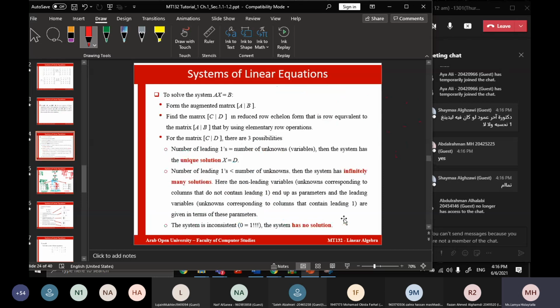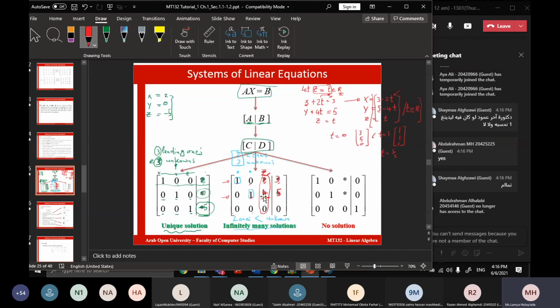Okay, then lastly, we said either there is a unique solution or infinitely many solutions or no solution. When will this happen? This will happen if you had a case like this. You have a row where the elements are zeros and here a number. It could be 1, 2, or 5, no matter. Why?